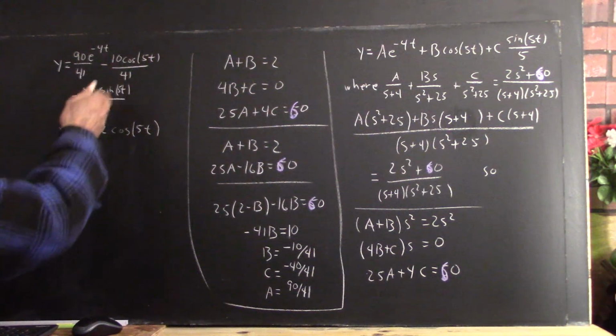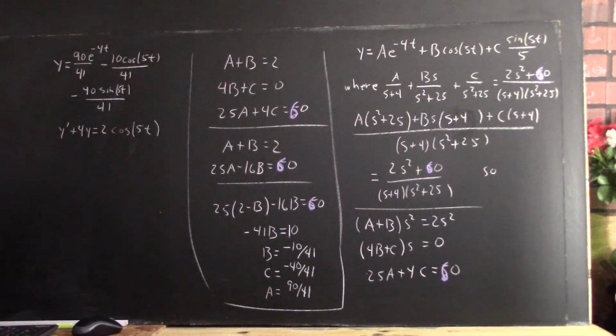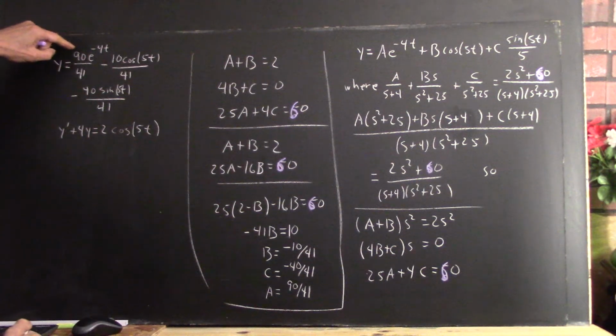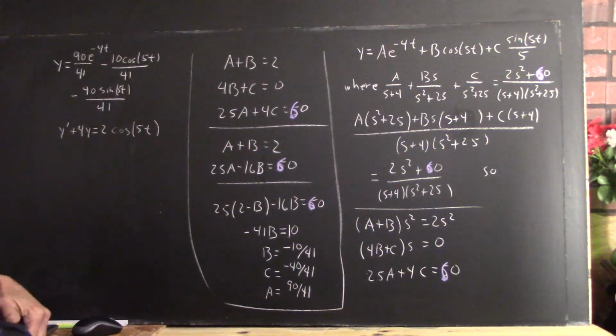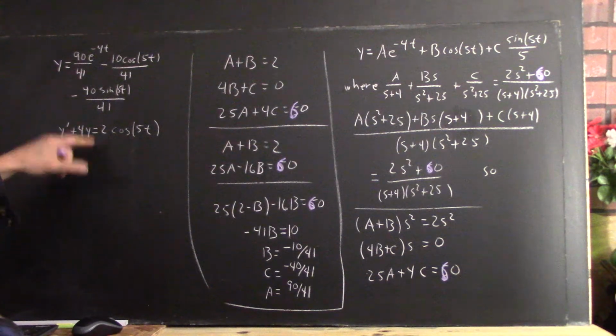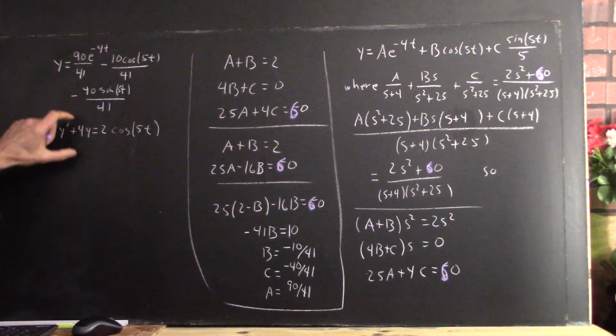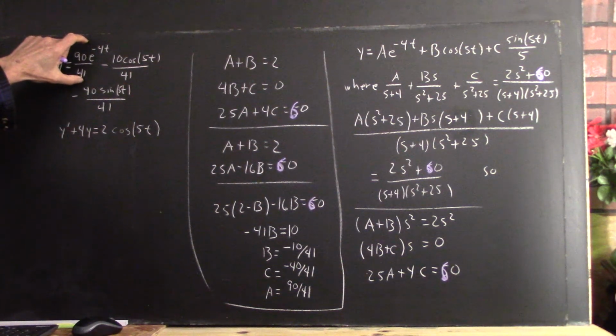Well, if we take these derivatives, set everything equal, the y prime is going to give us a negative 360 in front of e to the negative 4t. And of course our y is going to have a 360, so that's our solution to the homogeneous equation. That automatically works.